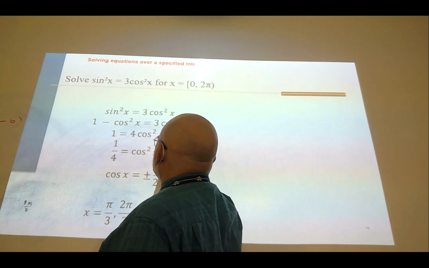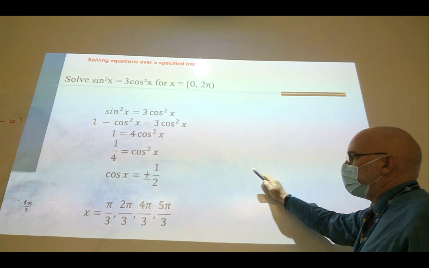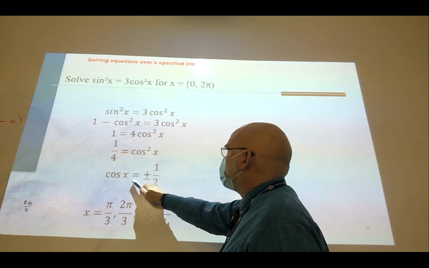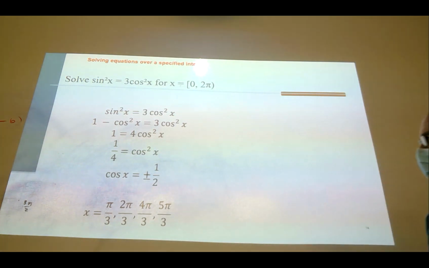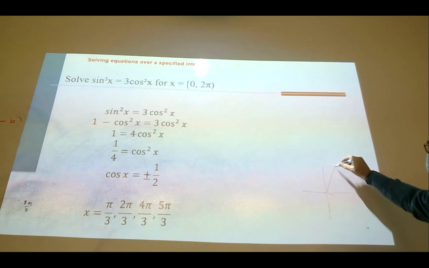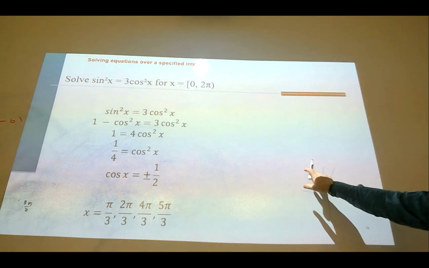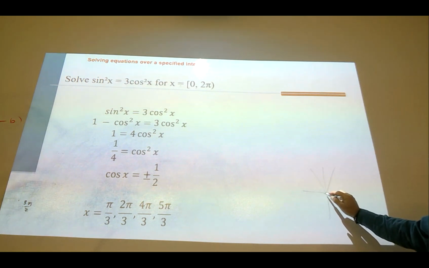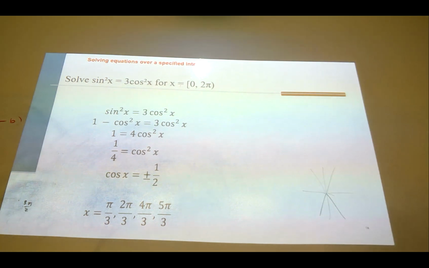So I've got 1 is equal to 4 cosine squared, or 1/4 is equal to cosine squared, or cosine of x, taking the square root of that, is equal to positive or negative 1/2. Where does that happen? It happens up here at pi over 3, positive 1/2, at 2 pi over 3, negative 1/2, at 4 pi over 3, negative 1/2, and at 5 pi over 3, positive 1/2. So those are my 4 answers on this one.